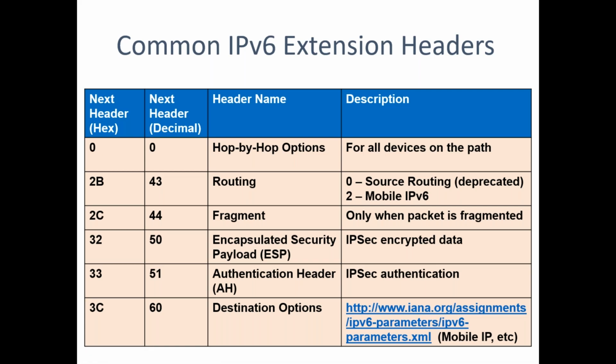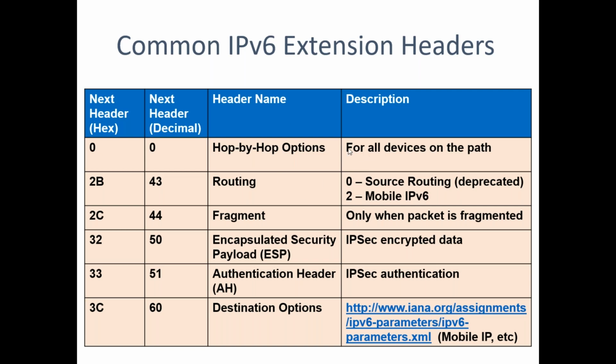Hop by hop, it's what you think: every hop, every node from the source to the destination, every router in between, every IP addressable node. Now, there might be some that are not, firewalls, for example, that are in between, middle boxes we call them.